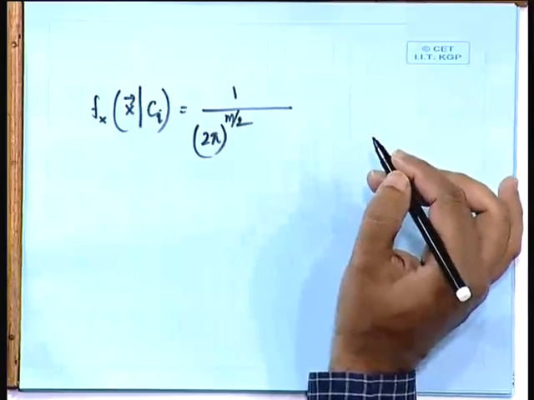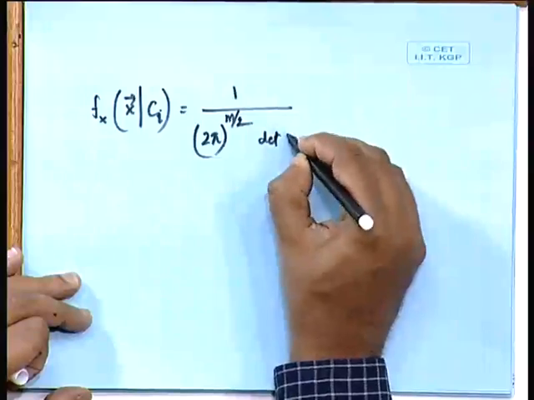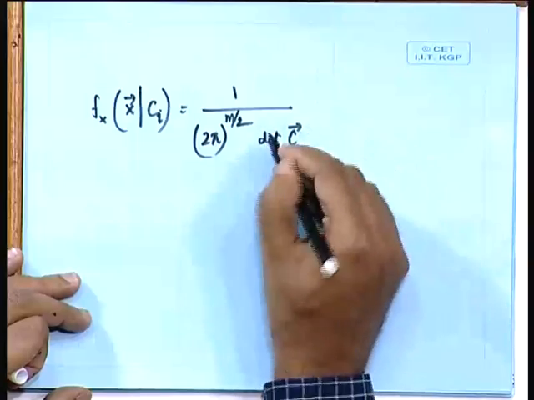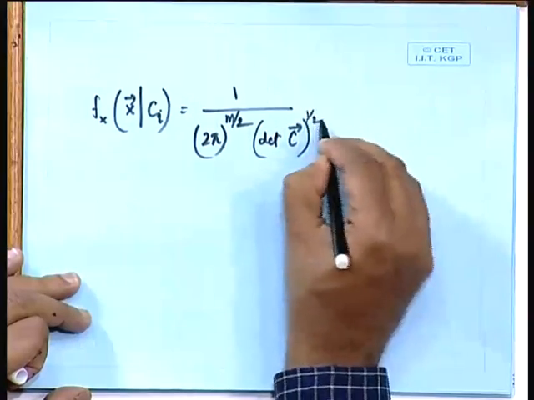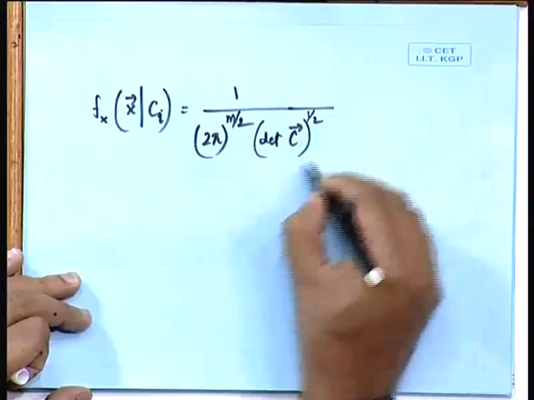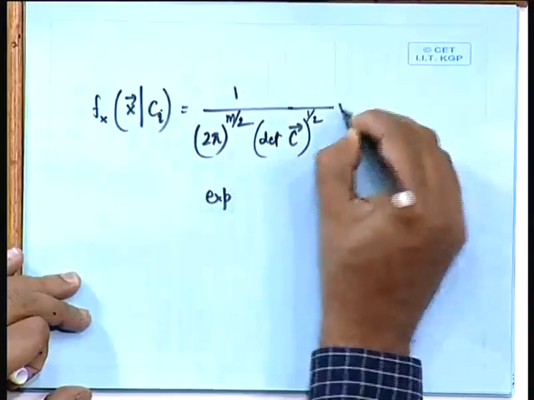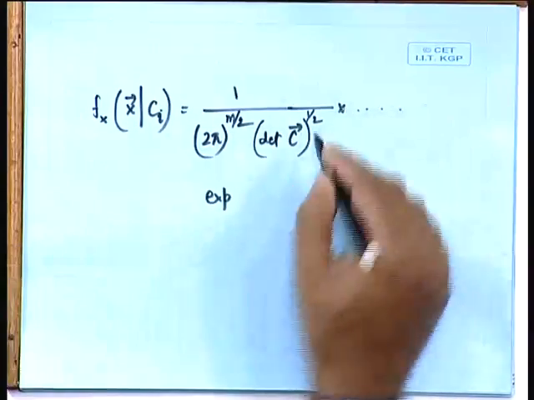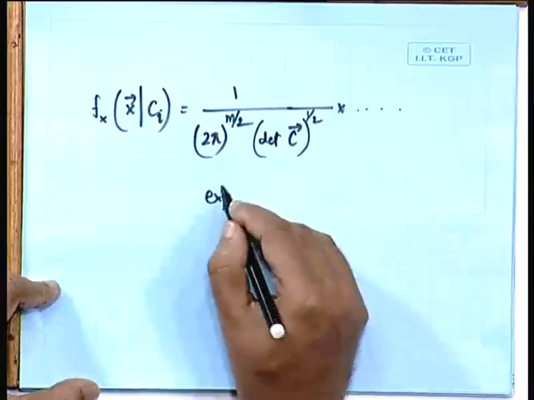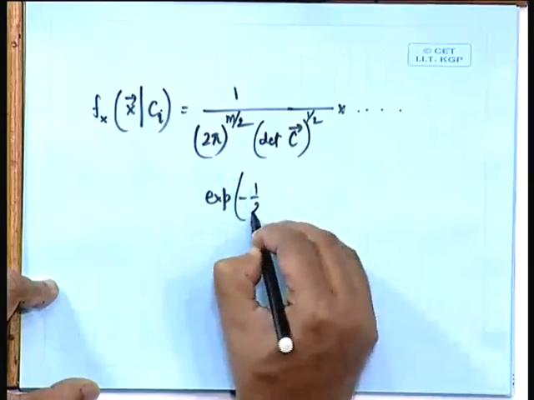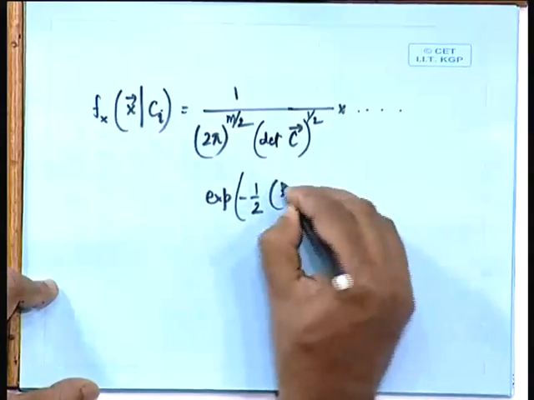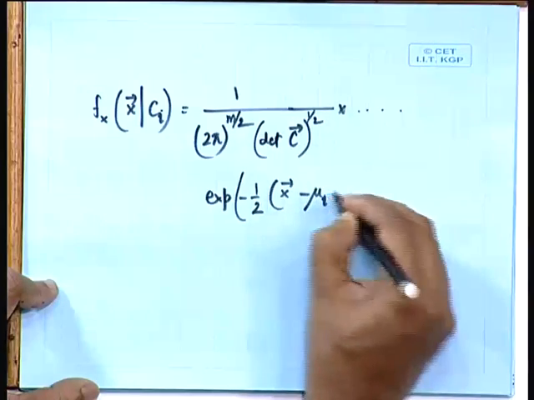Instead of the root over 2 pi sigma square that you remember, that sigma square term will in this case be replaced by the determinant of C, and this whole thing to the power half. Then the exponential term, which I am not writing here because I need some more space for it, should be exponential to the power minus half (x minus mu i) transpose C inverse (x minus mu i).